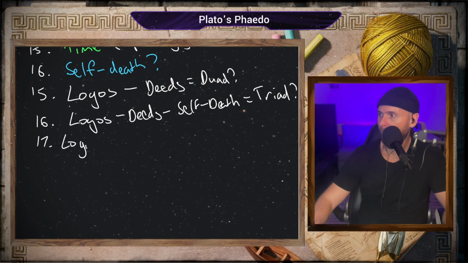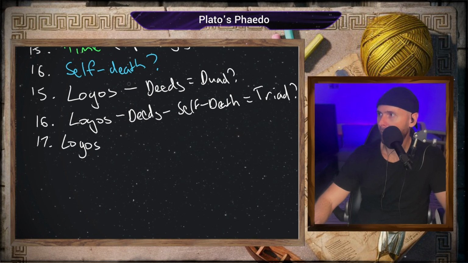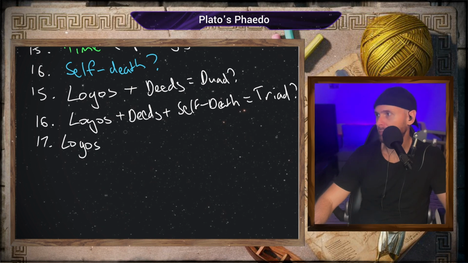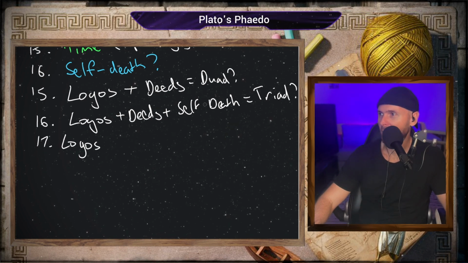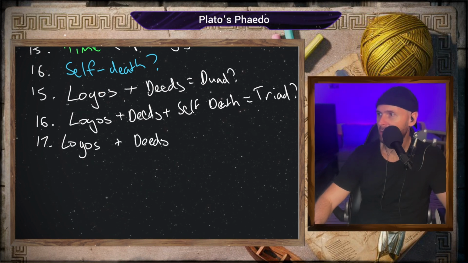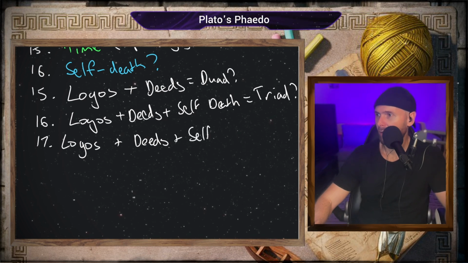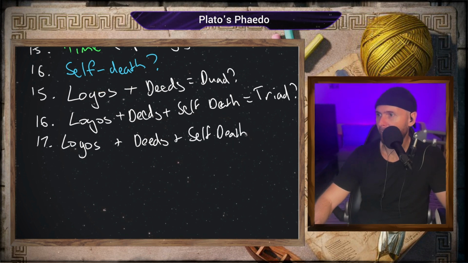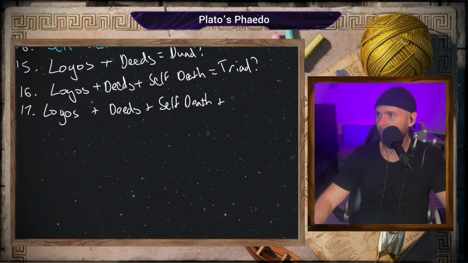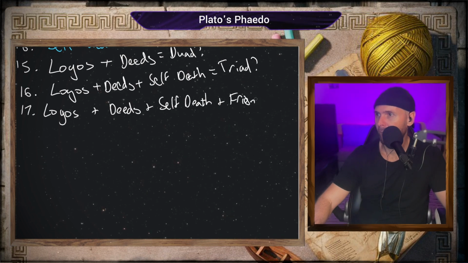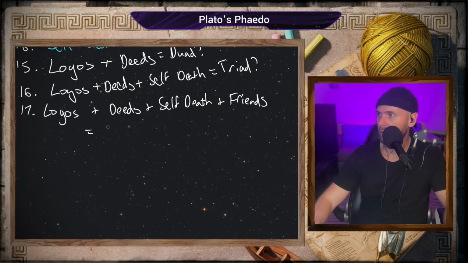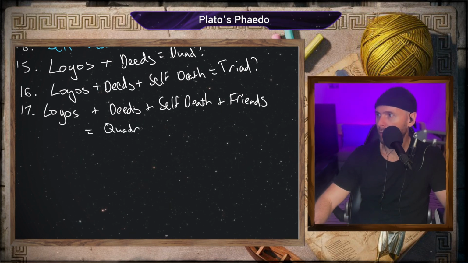Logos plus deeds plus self-death plus friends equals quadrad?